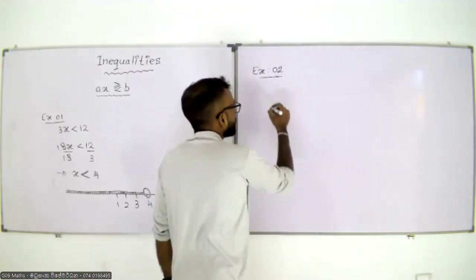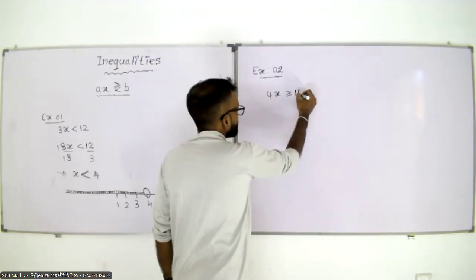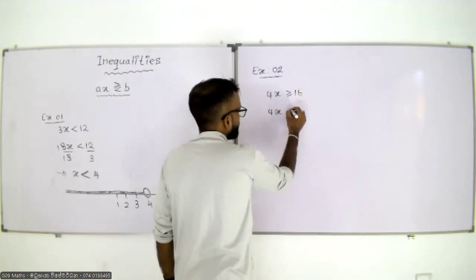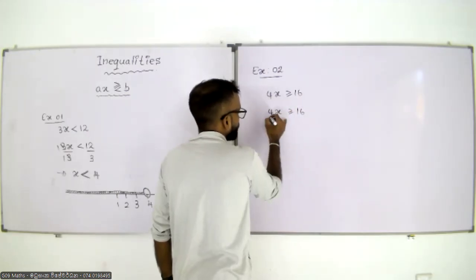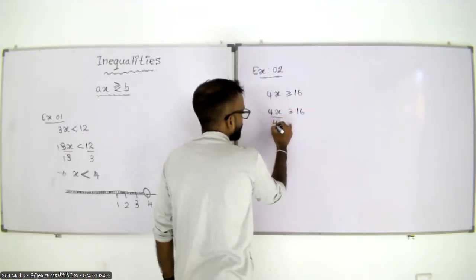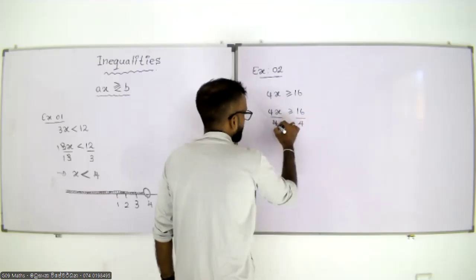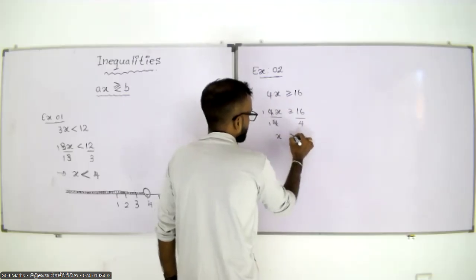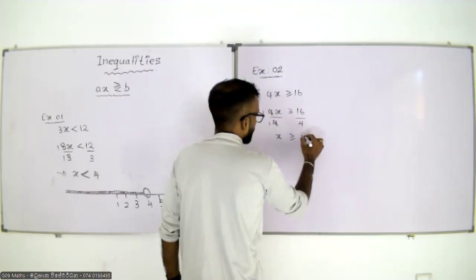This inequality is 4x greater than or equal to 16. So I am writing my inequality again. If I want to isolate x, I am going to divide this side by 4 and this side by 4. 4 times 1, 4 times 1. X is greater than or equal to 16 divided by 4, which is 4.